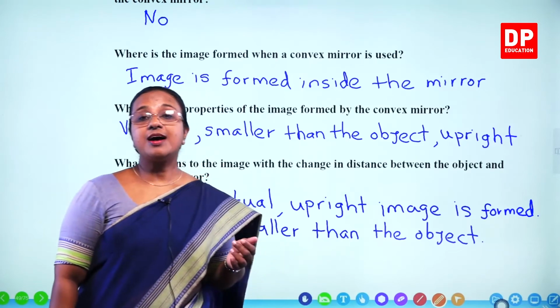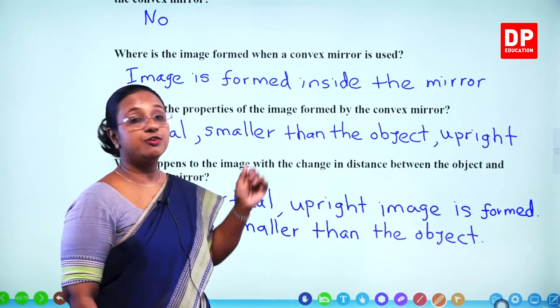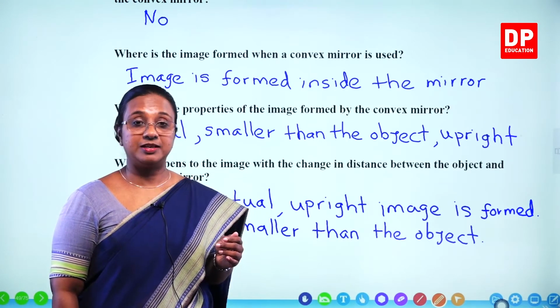So those are the properties of the image formed by a convex mirror.